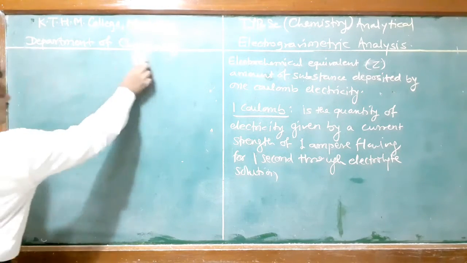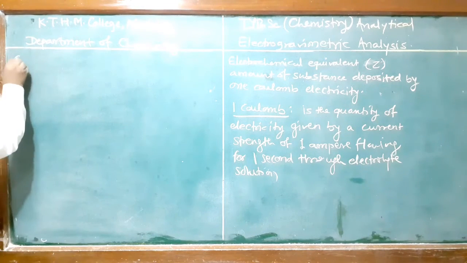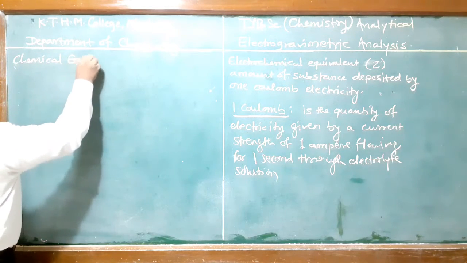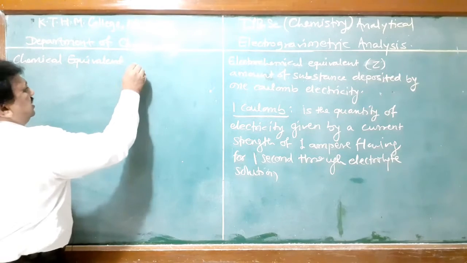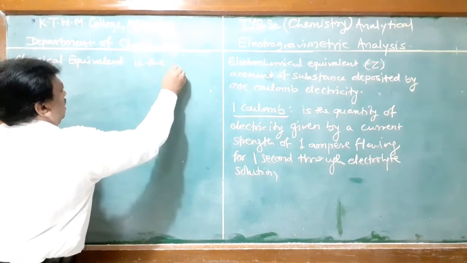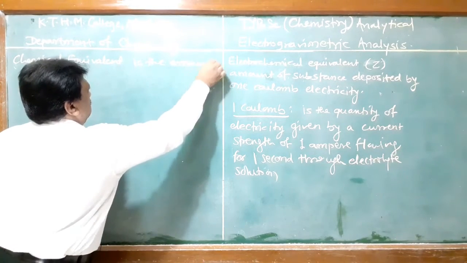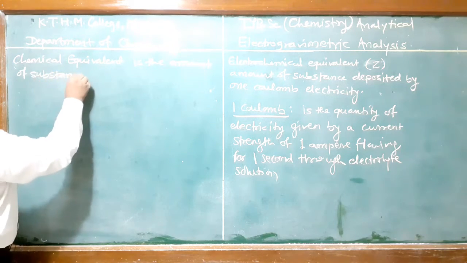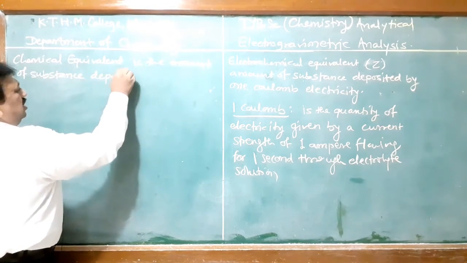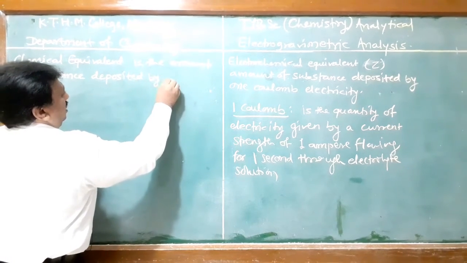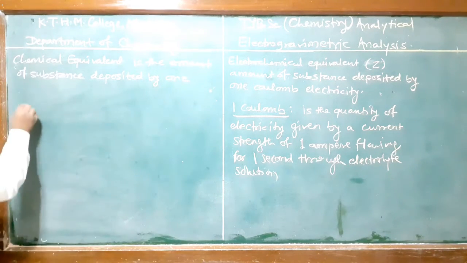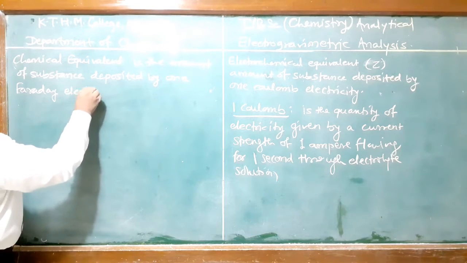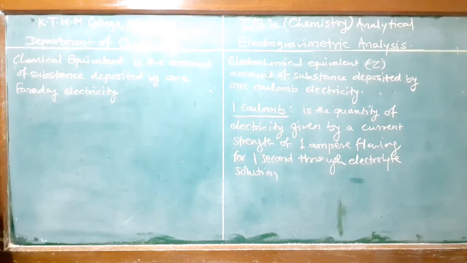Now we define chemical equivalent. Chemical equivalent is the amount of substance deposited by 1 Faraday of electricity, and this quantity is called the chemical equivalent.